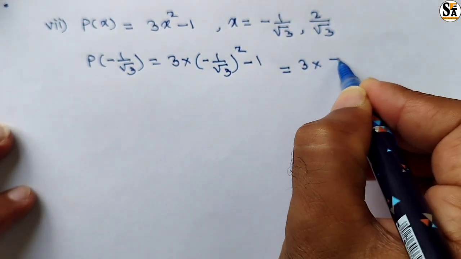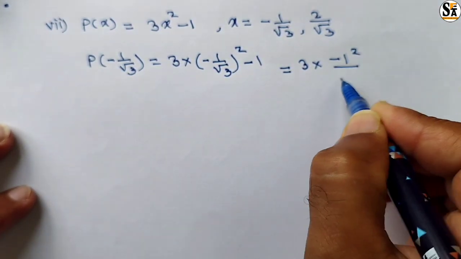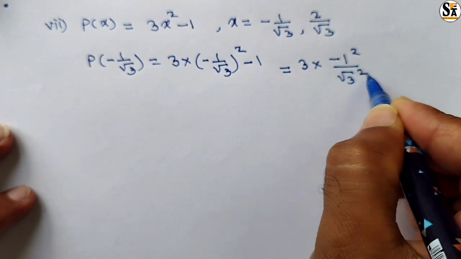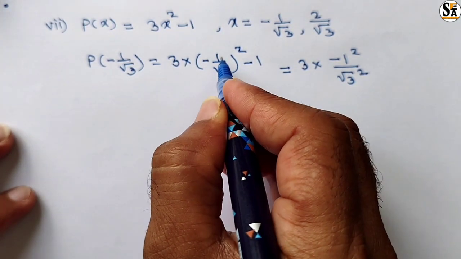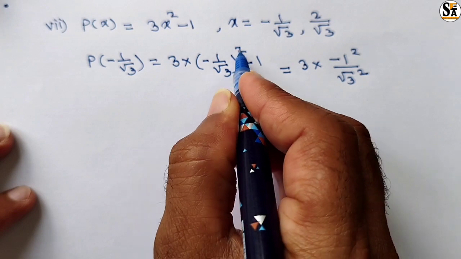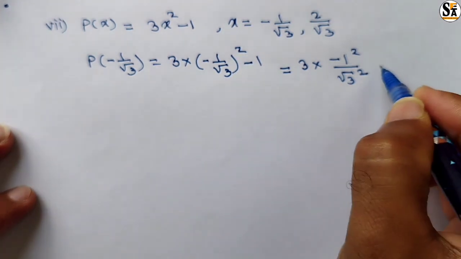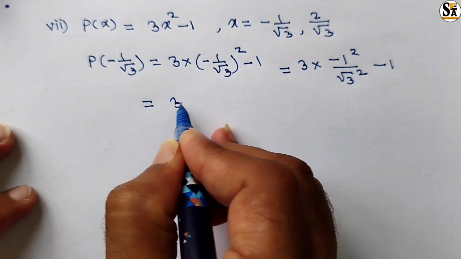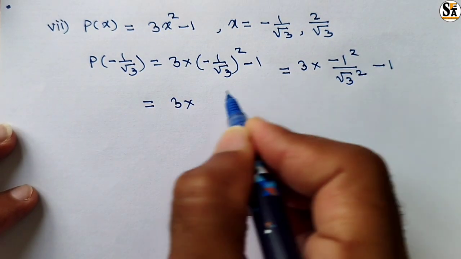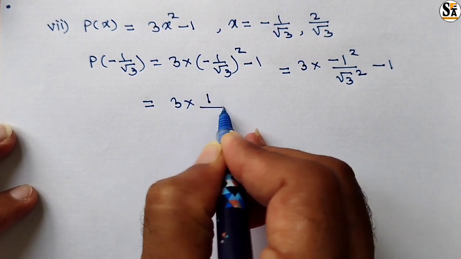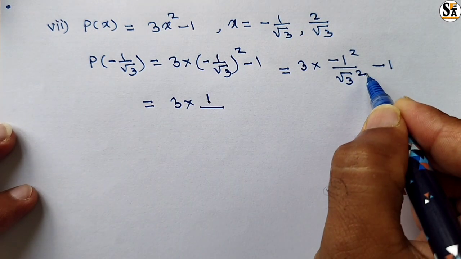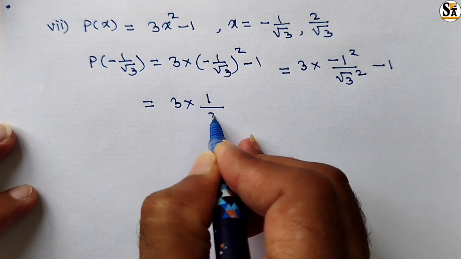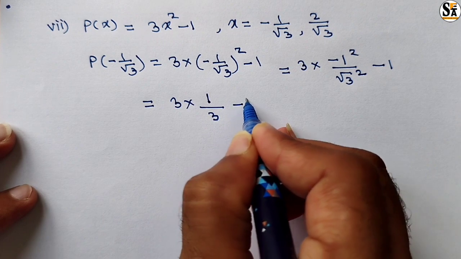So minus 1 square upon square root of 3 square. It is applicable for numerator and denominator, as it is bracket square. So minus 1 as it is. In the next step, 3 as it is into minus 1 square is plus 1 divided by square root of 3 square, means it will be 3. Then here minus 1 as it is.